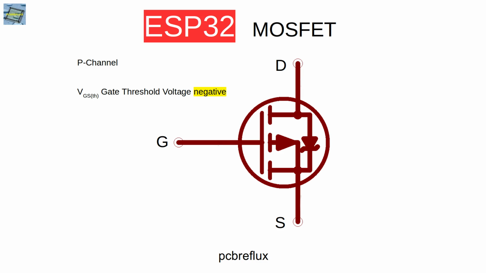And we also have the P-channel MOSFET with a negative gate threshold voltage, and in the schematic the arrow is pointing from the gate, and the intrinsic body diode's cathode is connected to the source of the MOSFET.